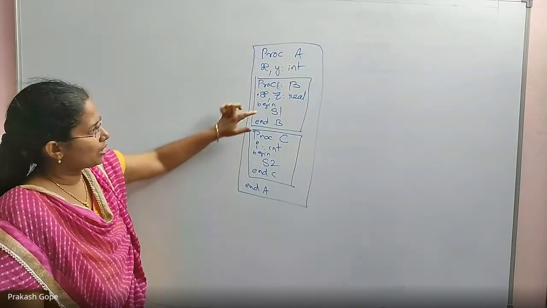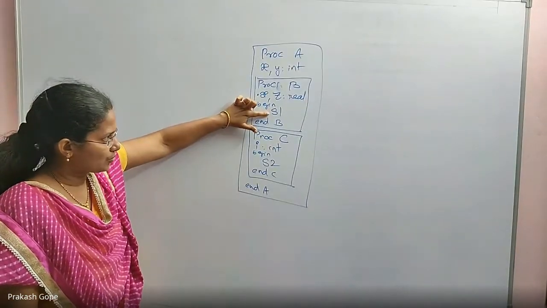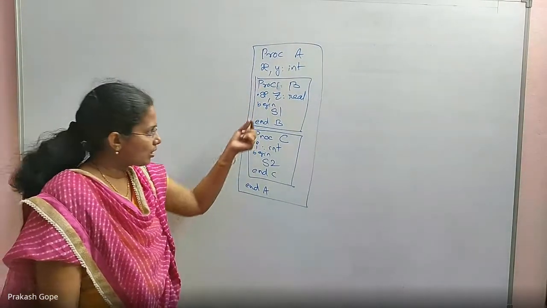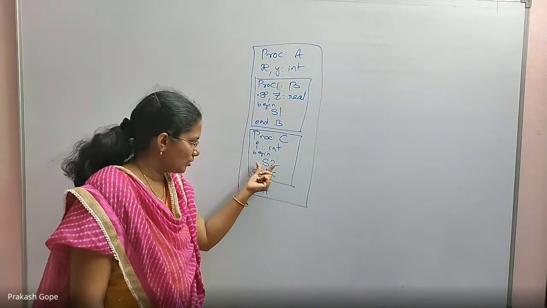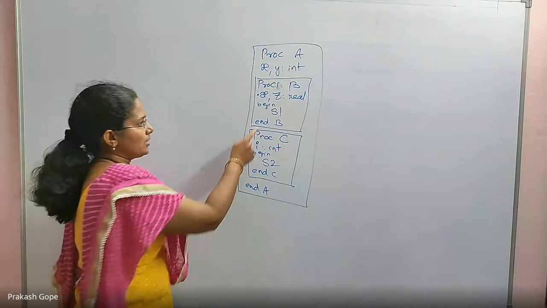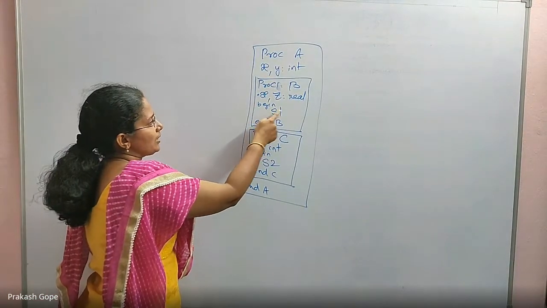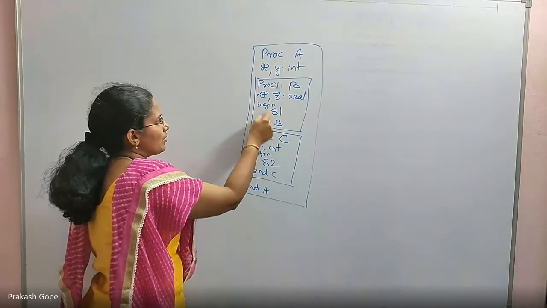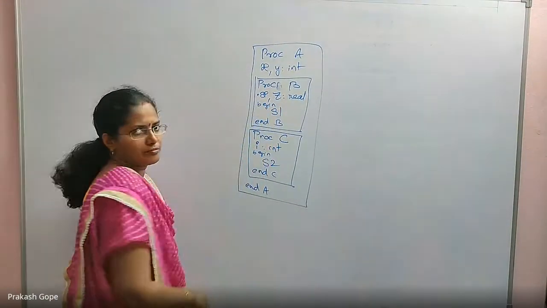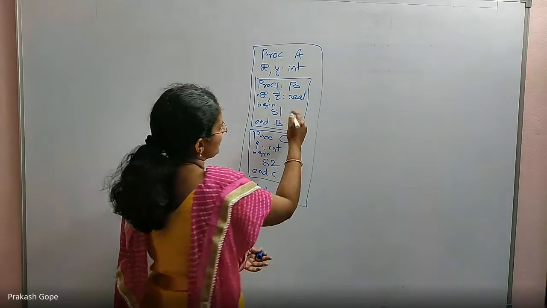Now the question is, what are the variables that are accessible in S1 and S2? S1 and S2 are blocks of statements. What are the variables that you can touch here and here, that you can write there? Obviously in S1, the variables that I can work on are local variables. I can definitely work on the locally declared variables X and Z. Yes, I can access X and Z here, no doubt.